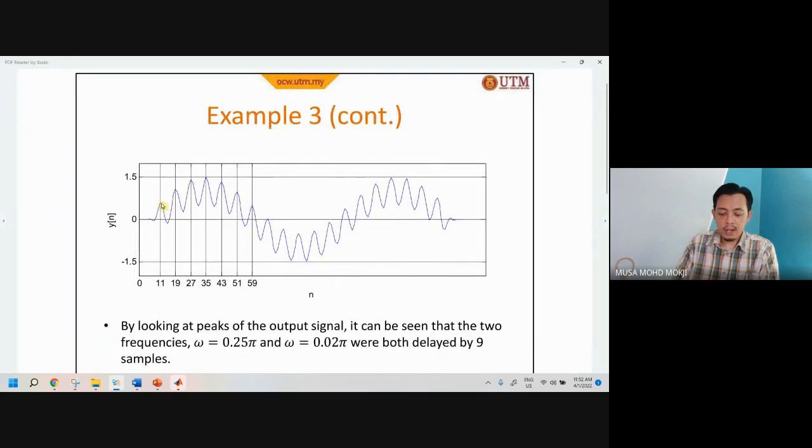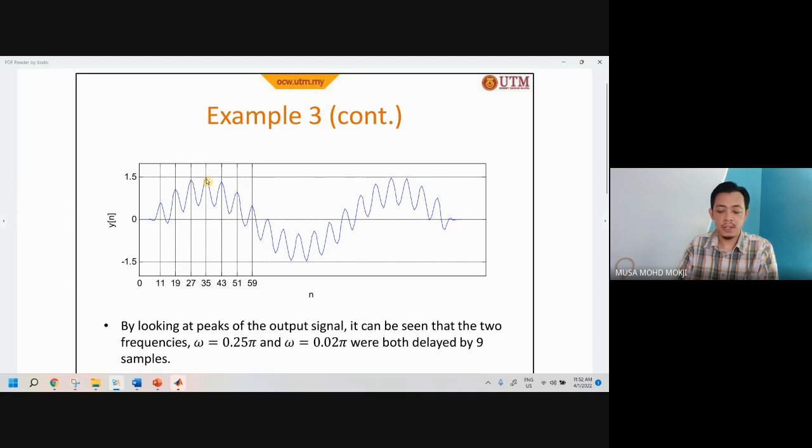We can see that now the first peak is at 11. If you remember, the first peak on our original signal x[n] is at n equals 2, and this one is supposed to be at 26.